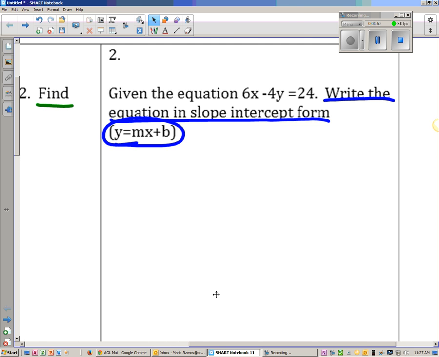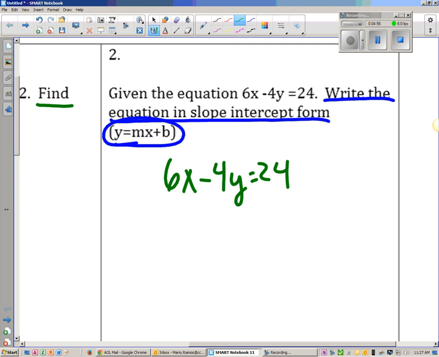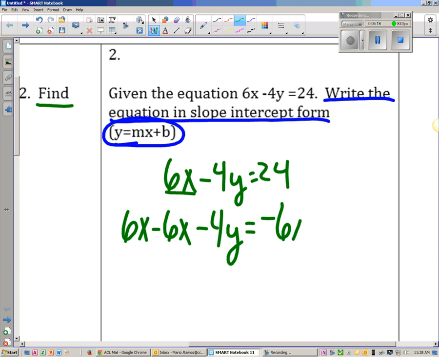All right, so to do that, I'm going to take my equation, 6x minus 4y is equal to 24. So I do have to move this 6x over to the right side. So mathematically, the way you do that is you're going to subtract a 6x to zero it out on the left side. Okay, and then whenever you do something on the left side, you do have to do it on the right side also. So since I subtracted 6x here, I want to go ahead and subtract 6x on this side.